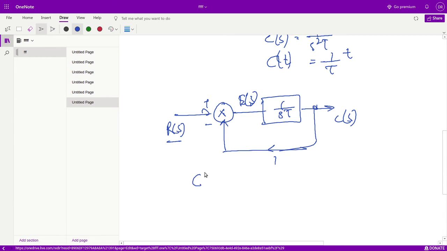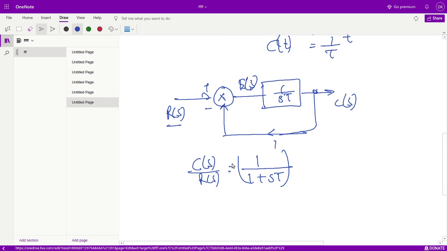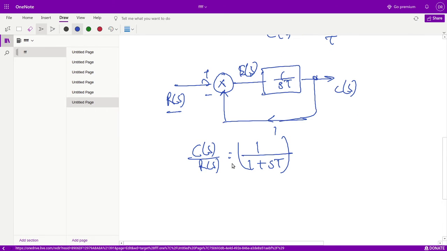So in this circuit or network, G(s) divided by 1 plus G(s)H(s) gives 1 divided by 1 plus sT. This is the total output response in the Laplace domain.